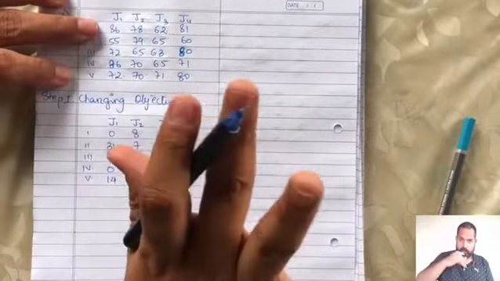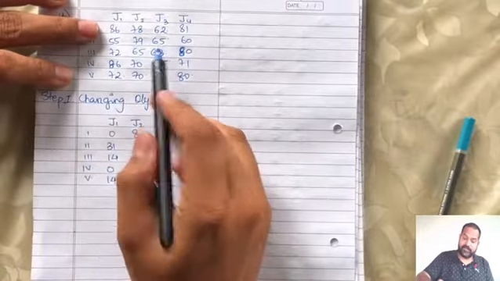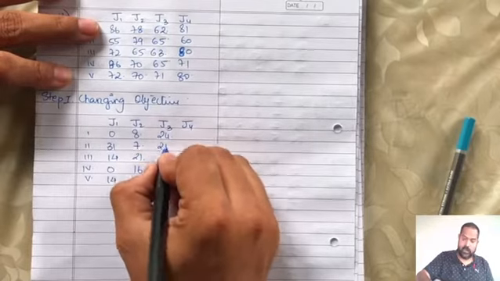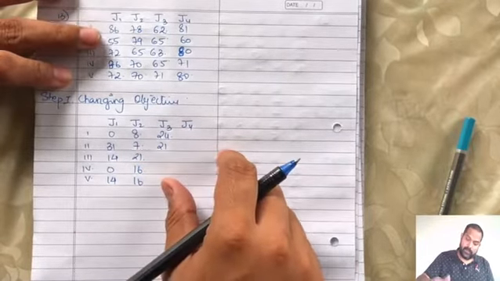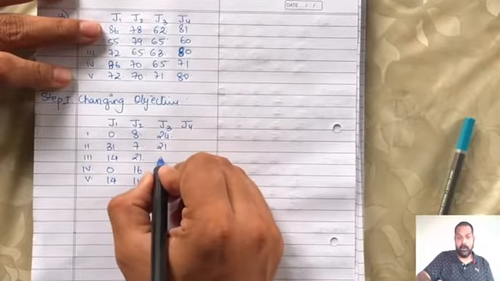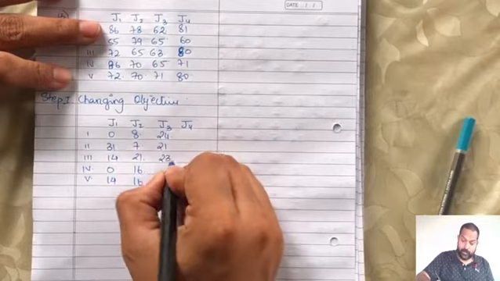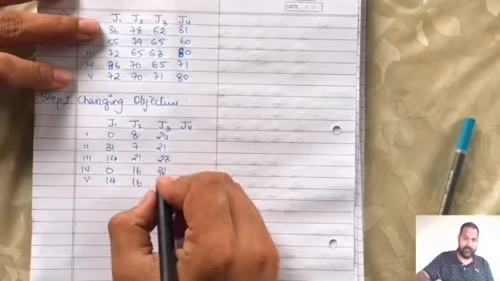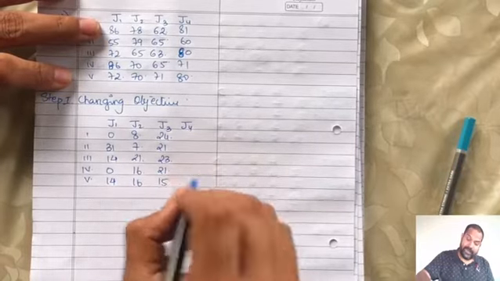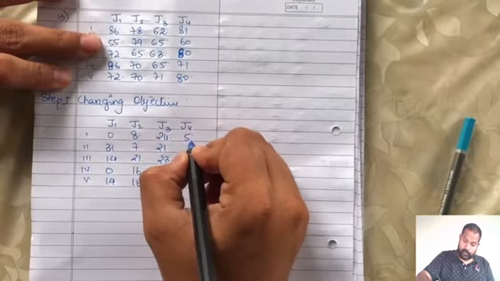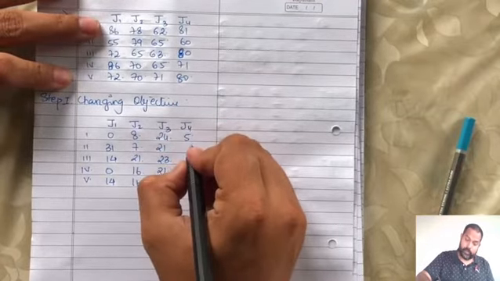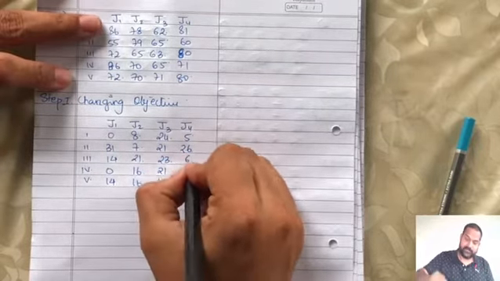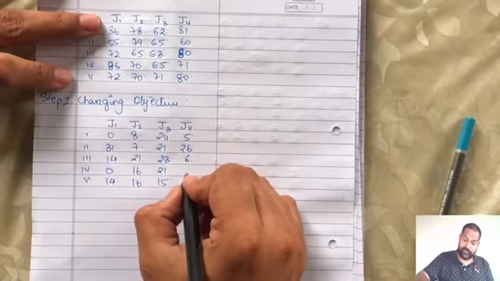86, you can do it in the calculator also, there's no hard and fast. 86, 65, this is 21. 86, 63, that will be 23. 65 will be 21 and 71 will be 15 if I'm correct, yes. 86, 81 is 5. 86, 60 is going to be 26. 86, 80 is going to be 6. 86, 71 is going to be 15.